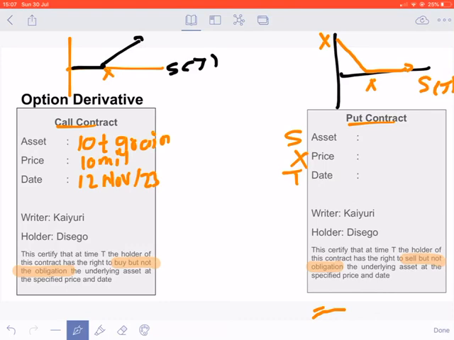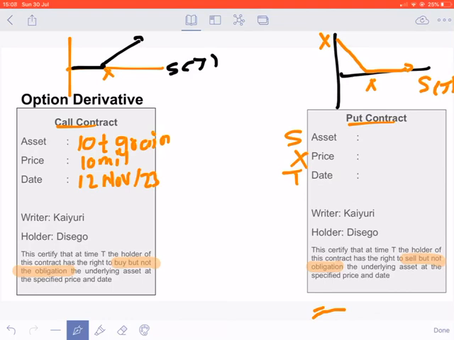If the strike price is less than the asset value, you're obviously not going to choose to sell, because you can just sell that asset to the market, and the market is going to give you a better price. We are going to go into details about how this works in class. For now, I'm just giving you an idea of how financial derivatives work, what an option is and what a forward is, right?